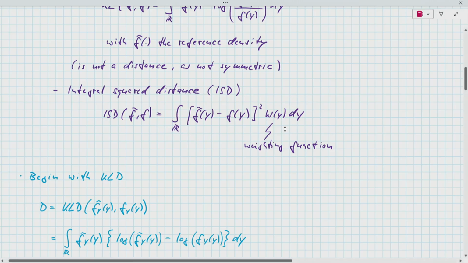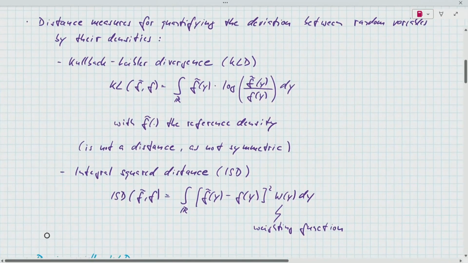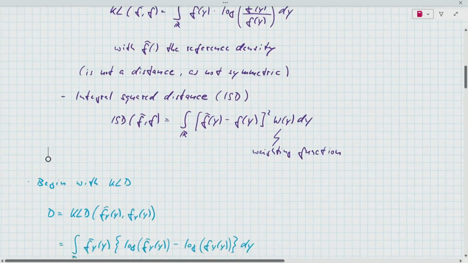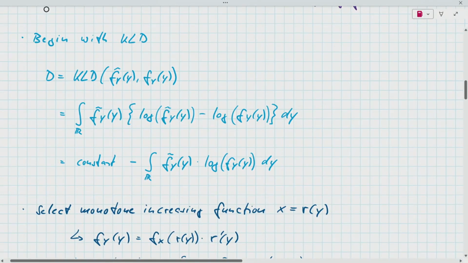It's a distance, it's also symmetric, that is obvious, and you can show that it is a valid distance. So we have these two possible ways of comparing the two densities, and let's begin with the Kullback-Leibler divergence.